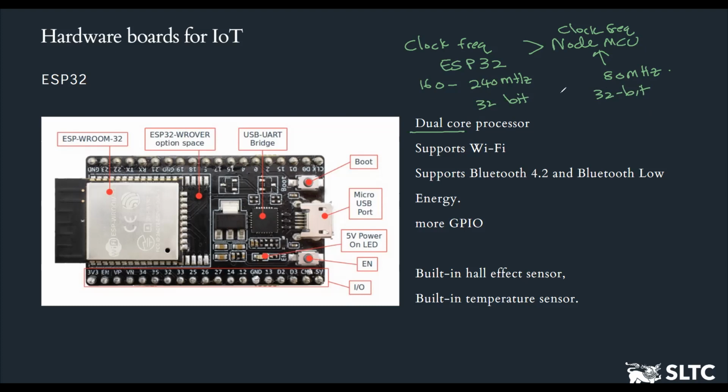So this dual core 32-bit processor is better than other microcontrollers out in the market which function with 8-bit single core. So 32-bit dual core has more functionality than 8-bit single core microprocessors.